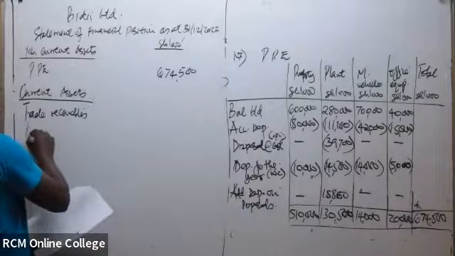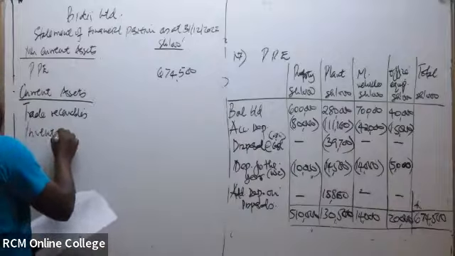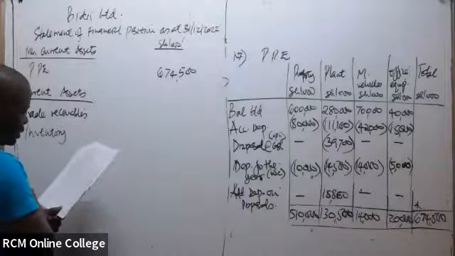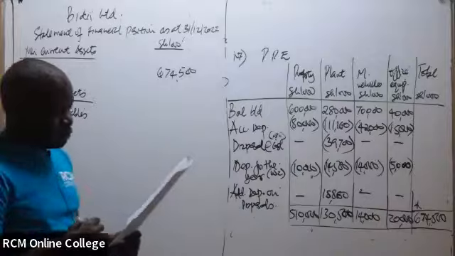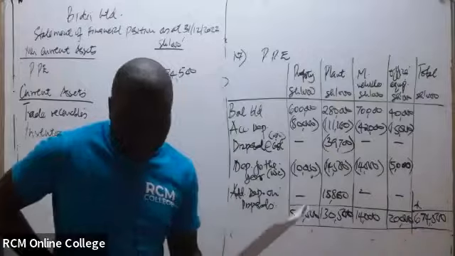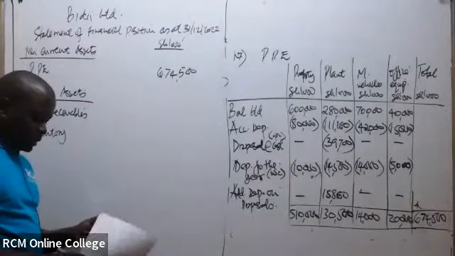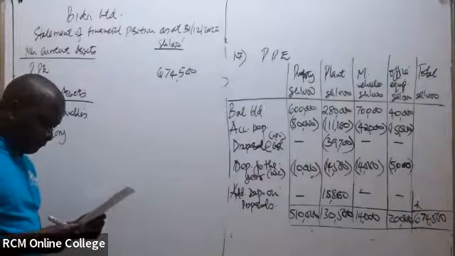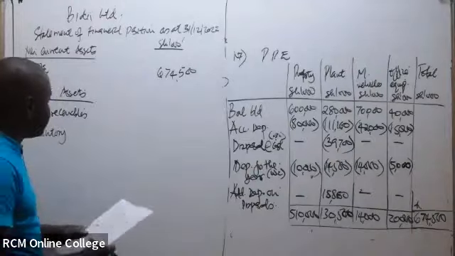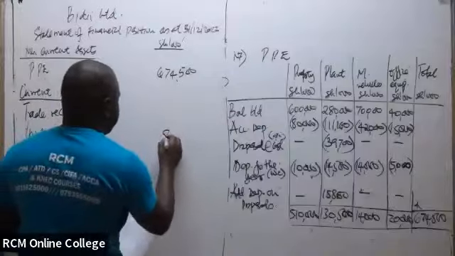We have also inventory. Inventory in this case, you've been given in additional information. I think it's additional information number 5. So inventory in this case is 85 million.